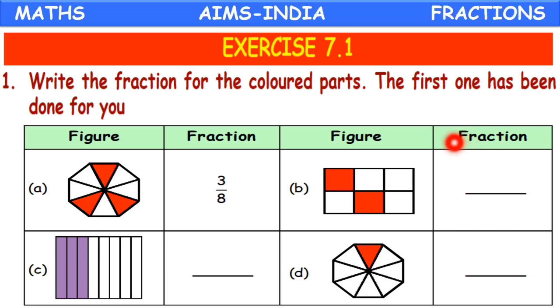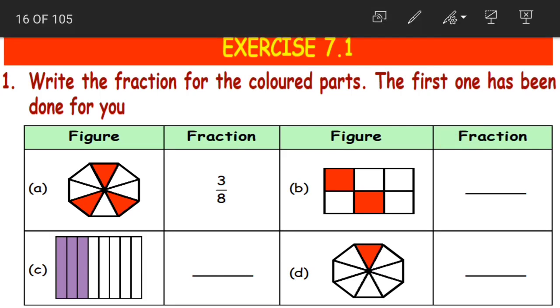Let us end our class with an exercise. Write the fraction for your colored parts. The first has been done for you. Now see here, it is a little advanced exercise, children. Till now we had only one colored part. But here, what will be the fraction? We have 1, 2, 3 colored parts.